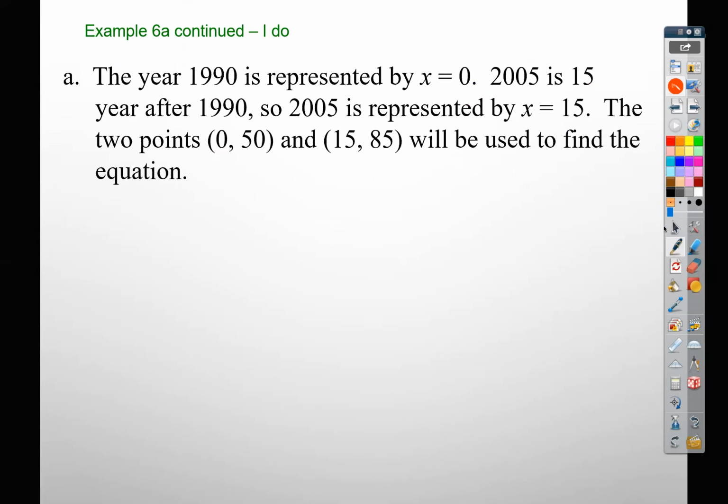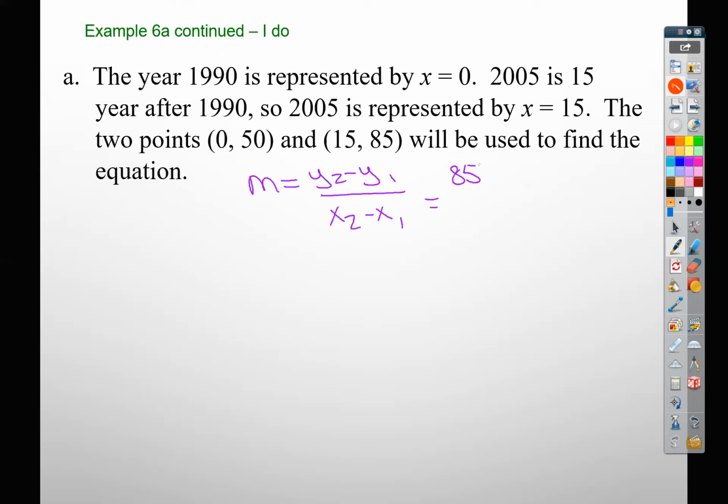Okay, so using those 2 points, we're going to come up with an equation in slope-intercept form to be able to predict more employees. So here we go. We have to find the slope first. Slope equals y2 minus y1 over x2 minus x1.